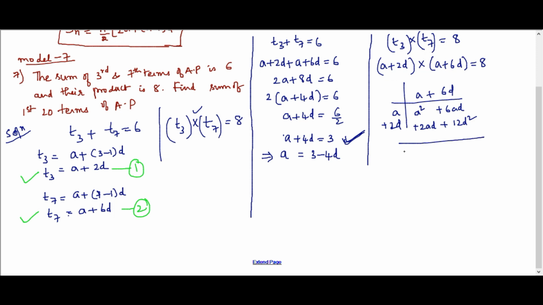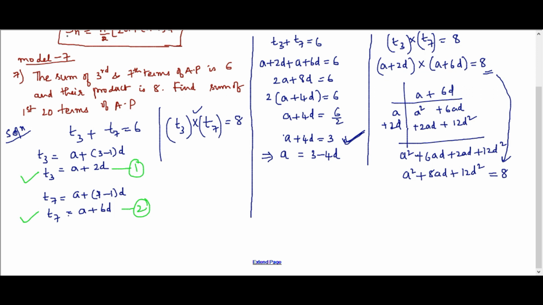Some people use this method, and I also prefer this one because you will not go wrong with your symbols here. So A square plus 8AD plus 12D square is equal to how much? 8, correct? So I bring back this value here and write 8.